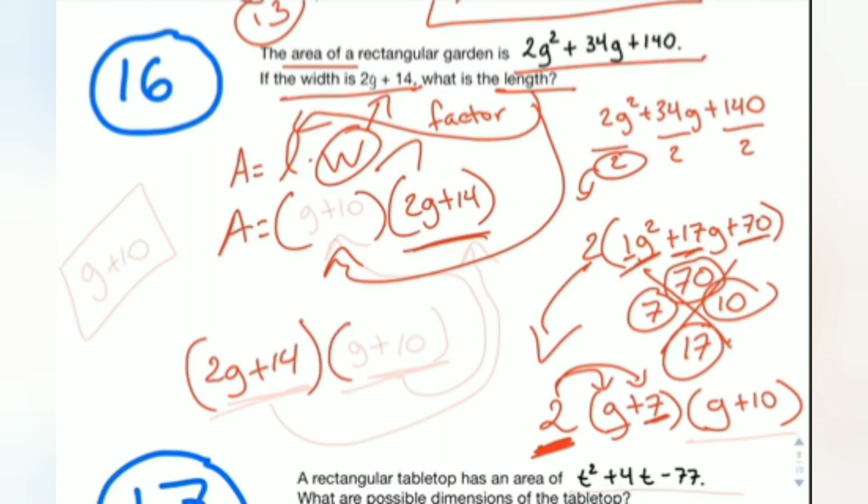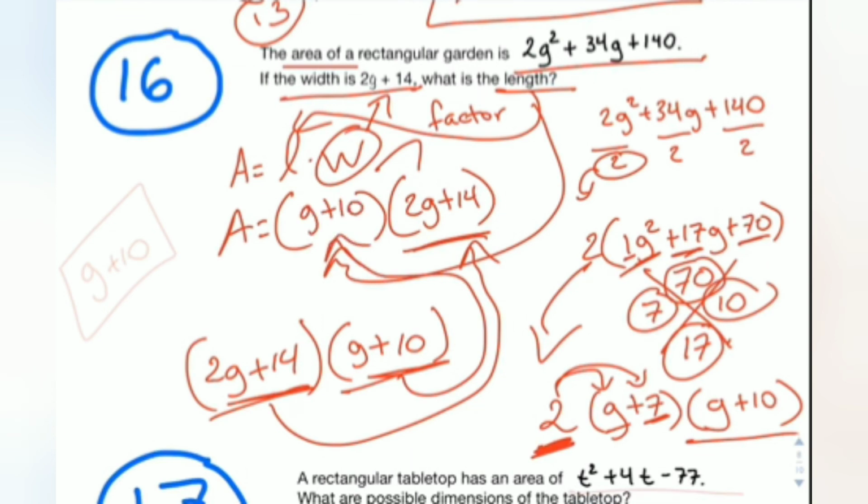And the other parenthesis we're just going to copy the same, plus 10. And here you go. 2g plus 14, 2g plus 14. And the missing length is right here, g plus 10. So our length is g plus 10.